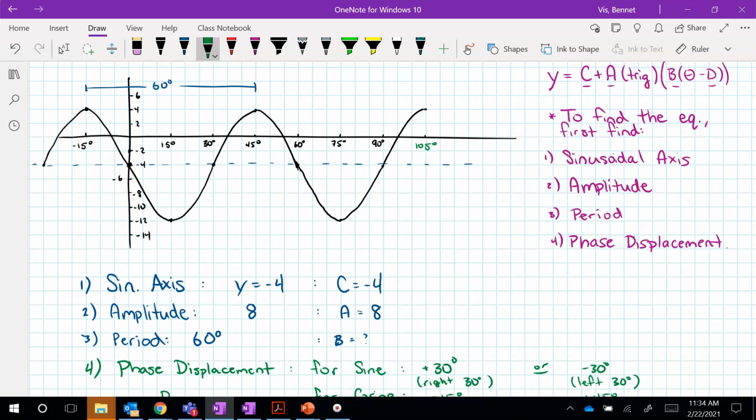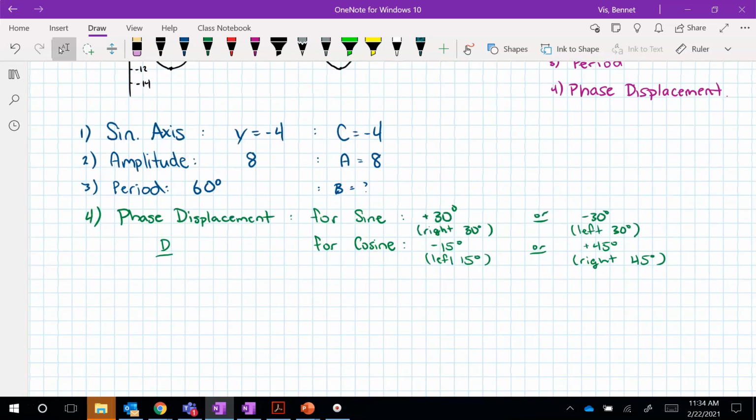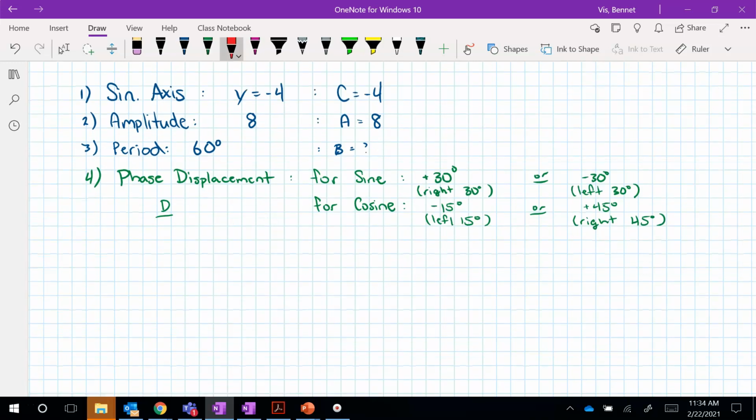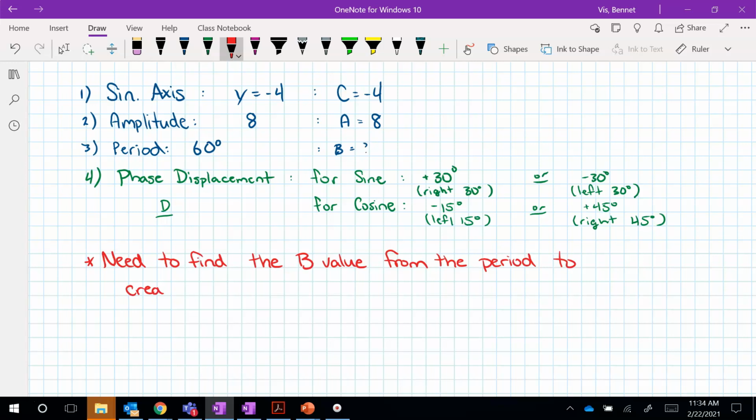Because if I plug in 60 there, it's not going to give me this graph at all. So we need to find the B value to create the equation, our last piece here. We find the B value from the period to create the equation.